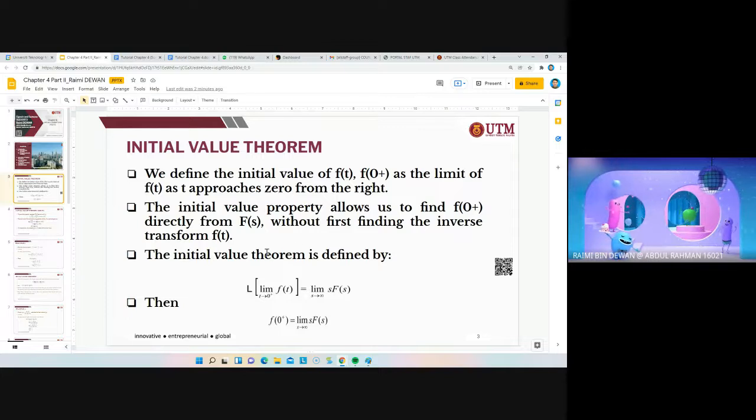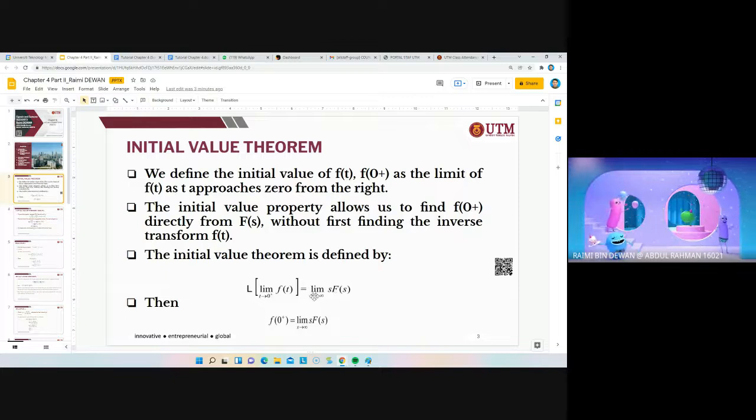So the initial value theorem is defined as you see here: the Laplace transform of this function of time. In the time domain t approaches 0, but in the Laplace transform s approaches infinity.